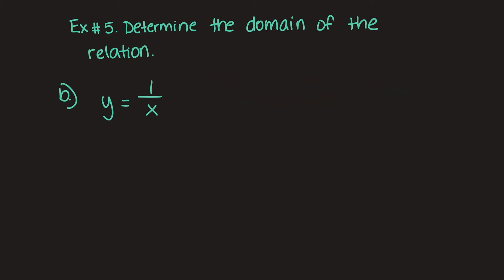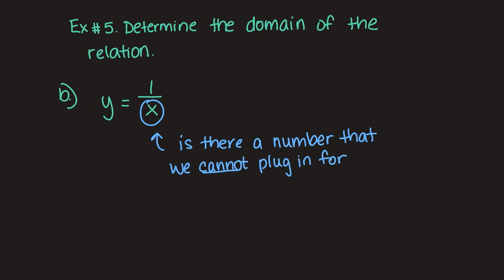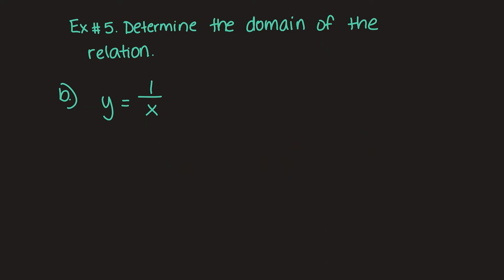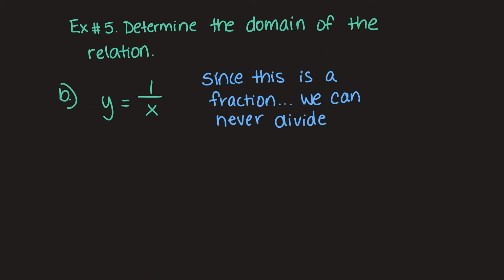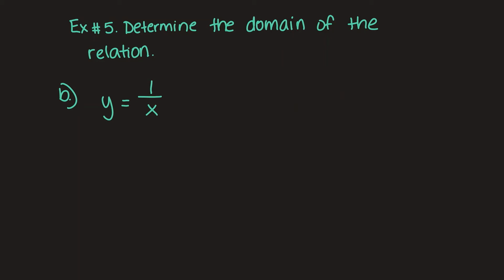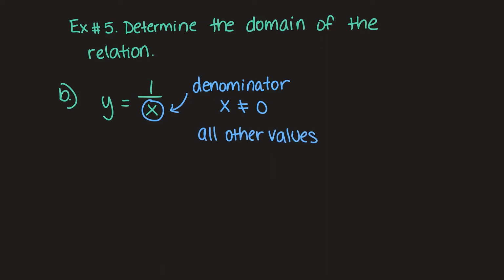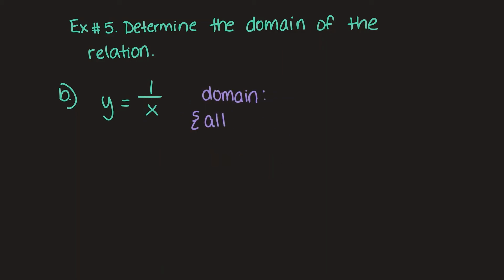Okay, for the next equation, again, we need to figure out what numbers we can plug in for x. However, for this one, it's better to ask if there is a number that we cannot plug in for x. So since this is a fraction, we can never divide by 0. So our denominator x cannot equal 0. All other values are okay. Therefore, our domain will be all real numbers except x equals 0.